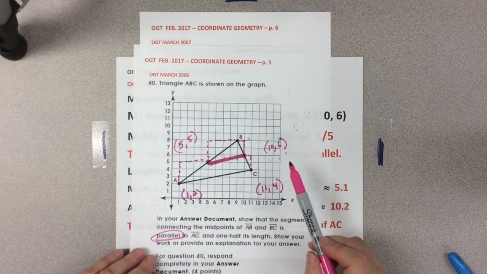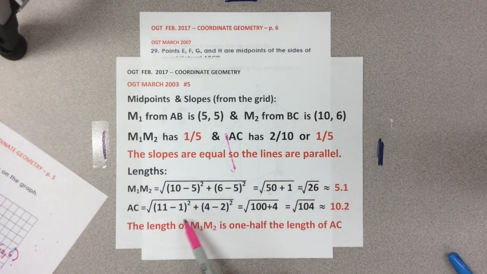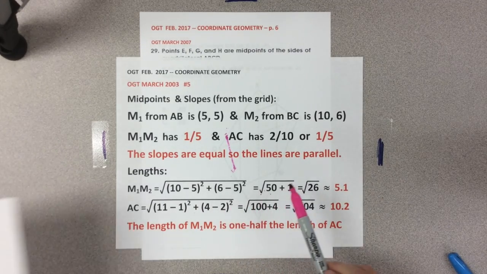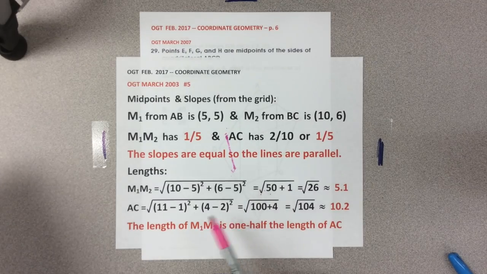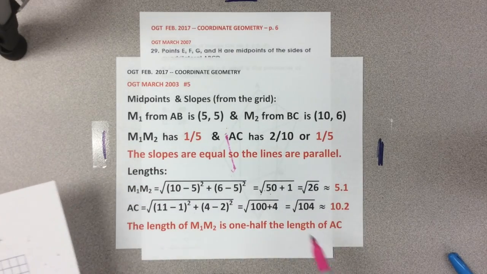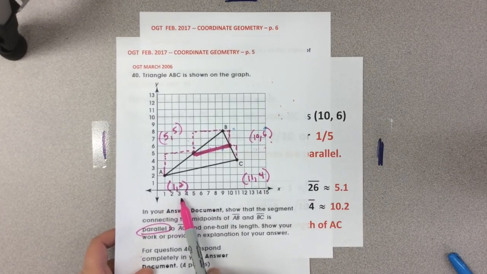Then there's no real shortcut, I guess, for finding the lengths. I chose the distance formula since it is listed on your formula sheet for the OGT. So I took my points. This is the midpoint, and recall we named these points.